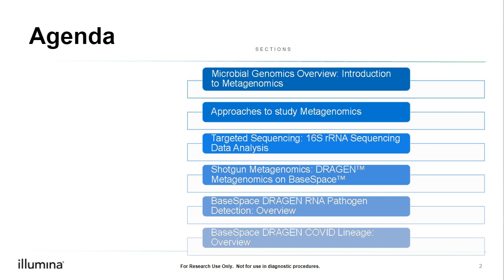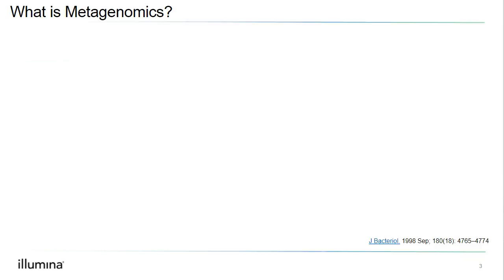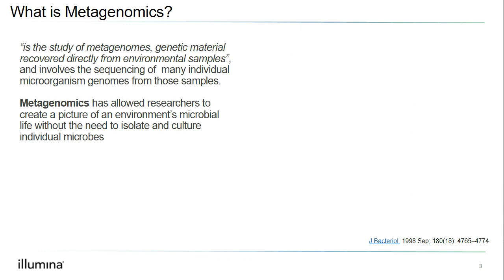Okay, so what is metagenomics? The term metagenomics first appeared in a publication in 1998 and is the study of metagenomes, genetic material recovered directly from environmental samples, and involves the sequencing of many individual microorganisms' genomes from those samples.